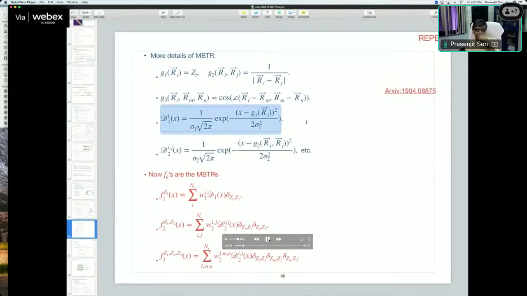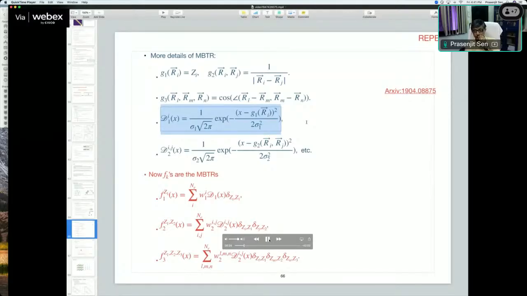Now D1, the broadened version of G1, now becomes a function of some variable x. So when I say broaden, I mean, otherwise you see G1s were just discrete functions. It is equal to Z1 when Ri happens to be the position of the atom with atomic number Zi.